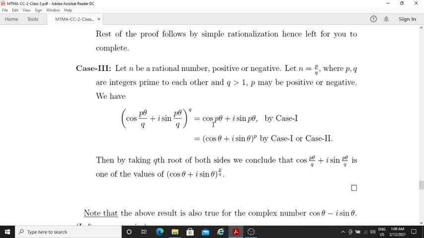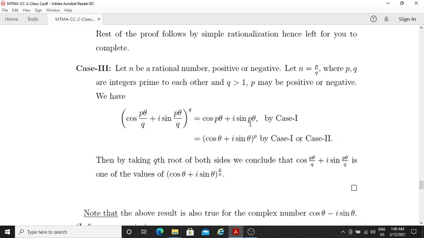You can actually say what the q different values are. If you take the q-th root, then the q different values will be cos((2kπ + pθ)/q) + i sin((2kπ + pθ)/q), where k runs from 0 to q minus 1.